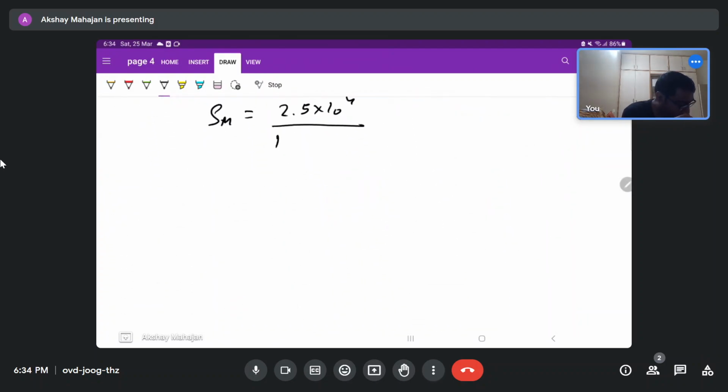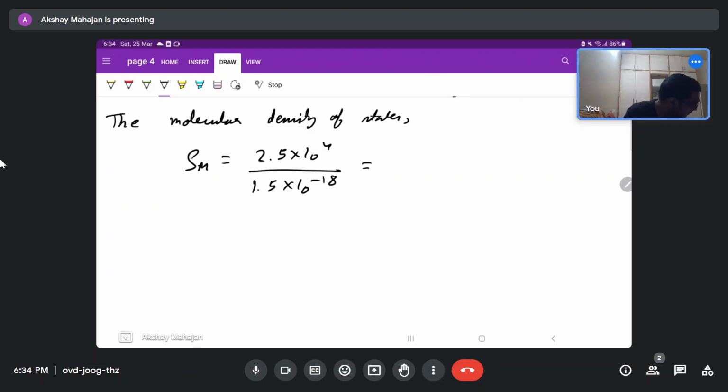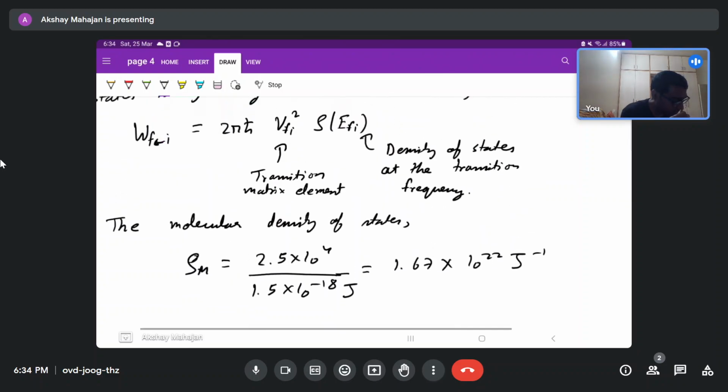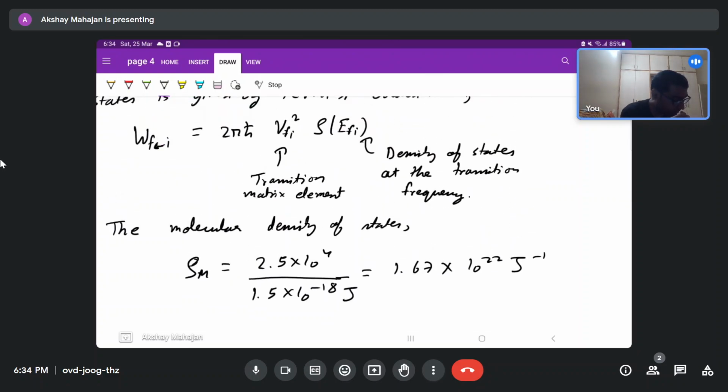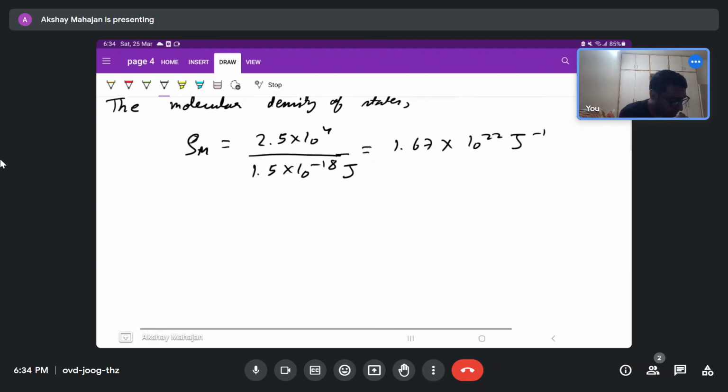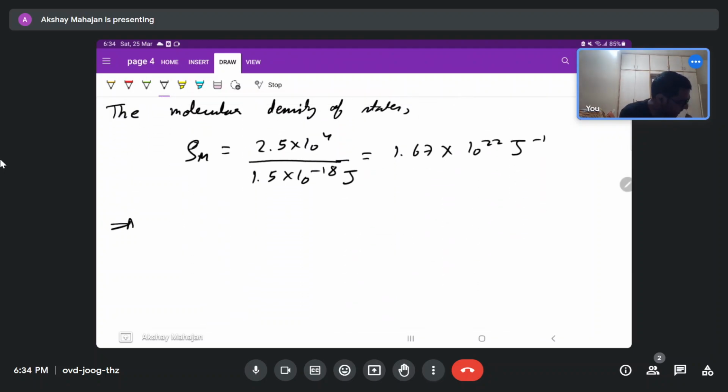So we have 1.5 times 10 to the power minus 18, and if you calculate this, you will get 1.67 times 10 to the power 22 joule inverse. It will be joule inverse, correct? Alright, so now we have rho m instead of rho. V of fi is already provided to us, so we will just have to put this in our formula.